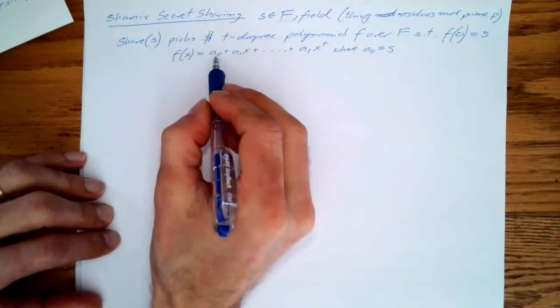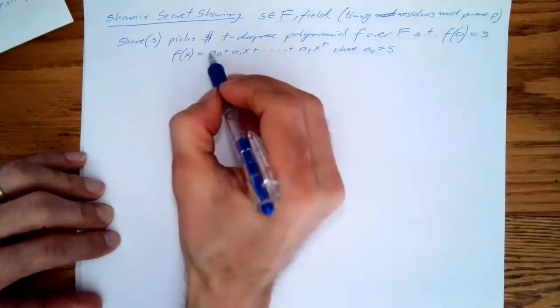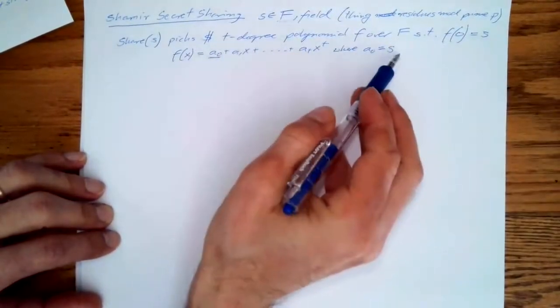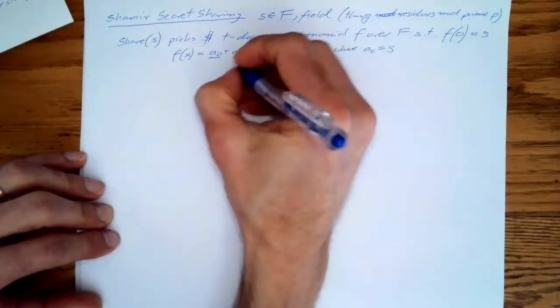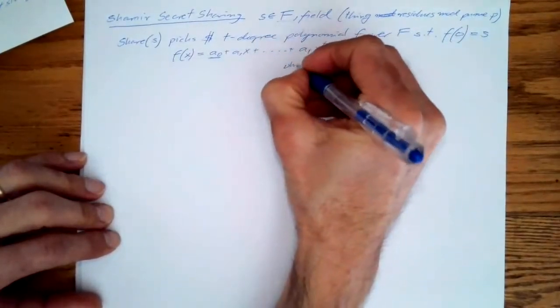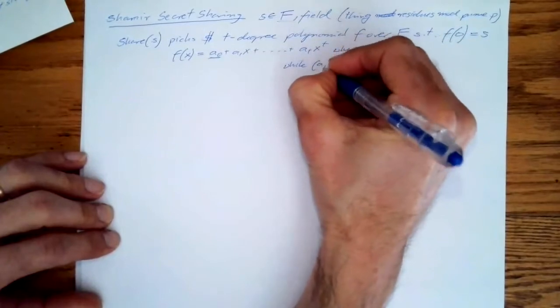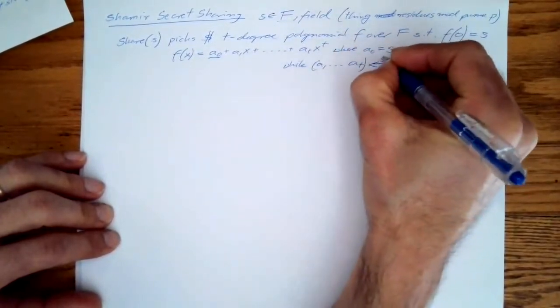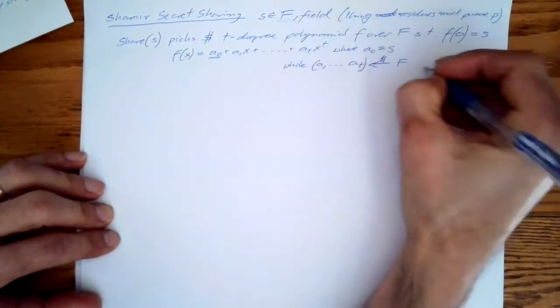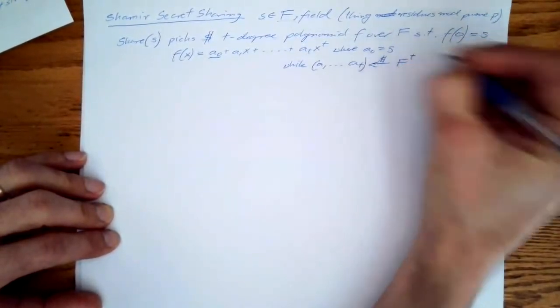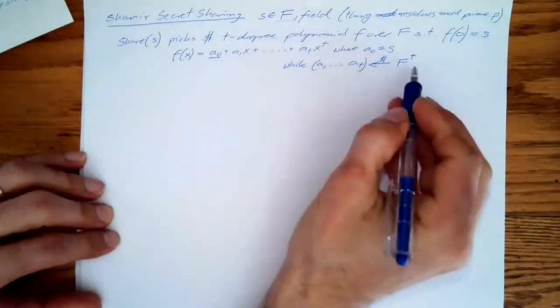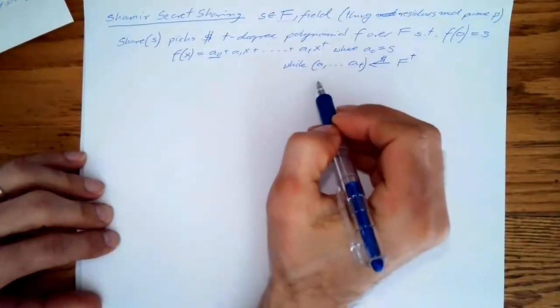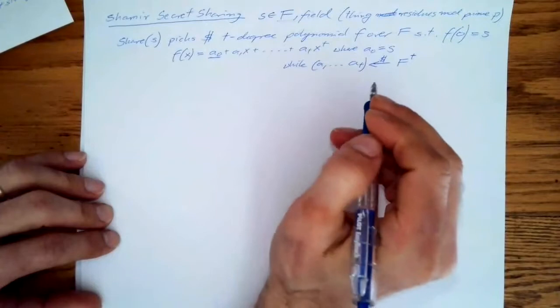It's just a0, and it should be S. So the free coefficient is picked to be the secret, while a1 to at are just chosen at random from the field. So this is a tuple of t elements in the field.